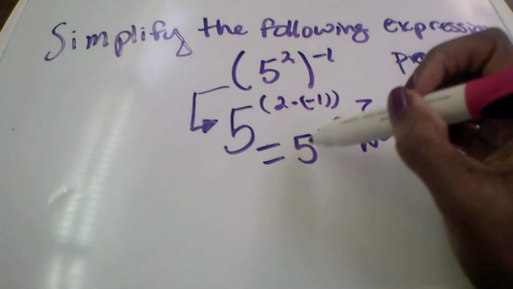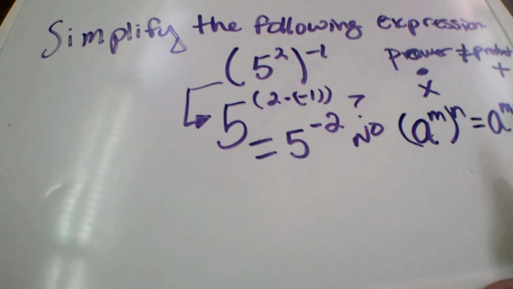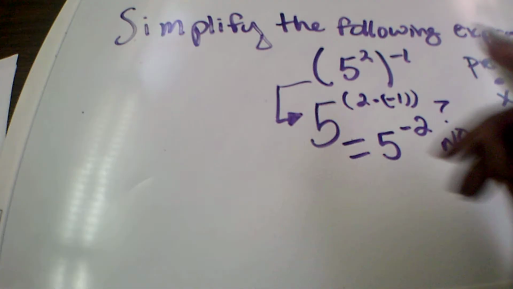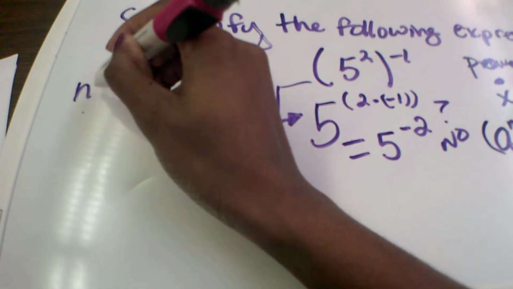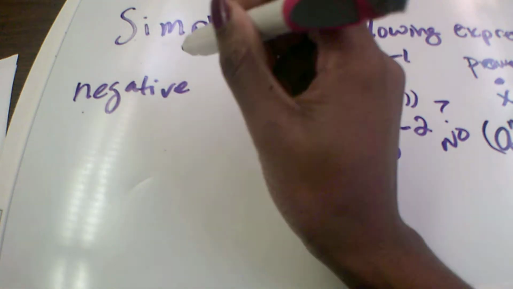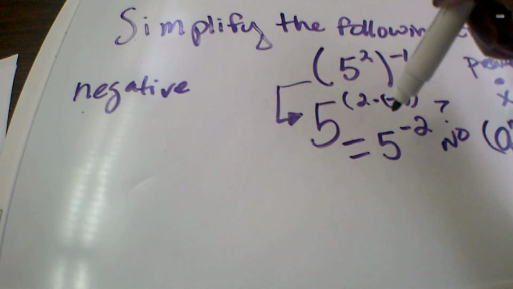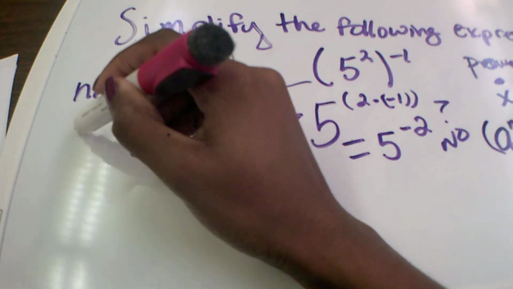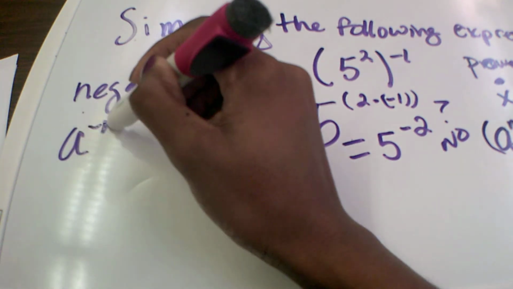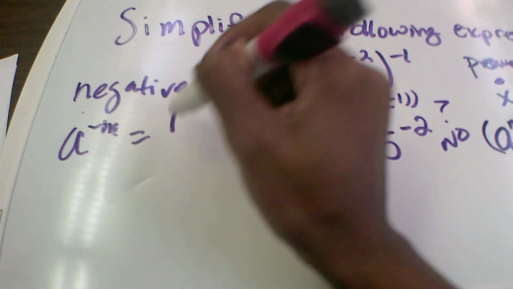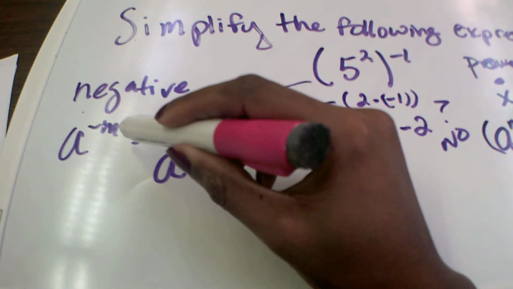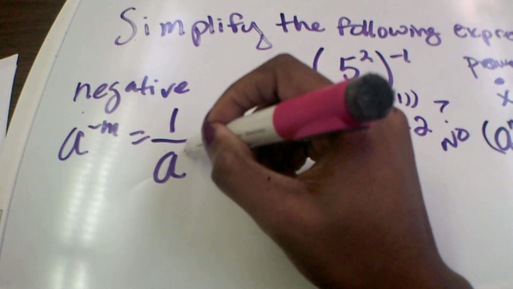So, what rule is this? This is now the negative rule. And I'll write over here because I have a little bit more room over here. And the negative rule for exponents states that when you have a number to the negative power, then you put a 1 over that number and change the negative power to positive.